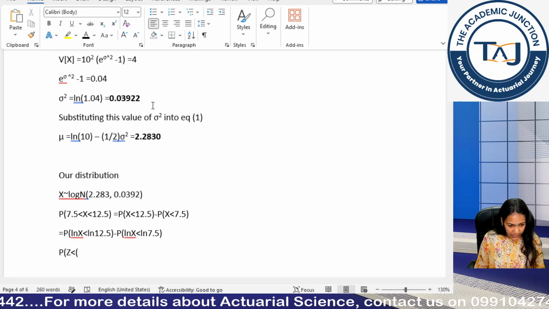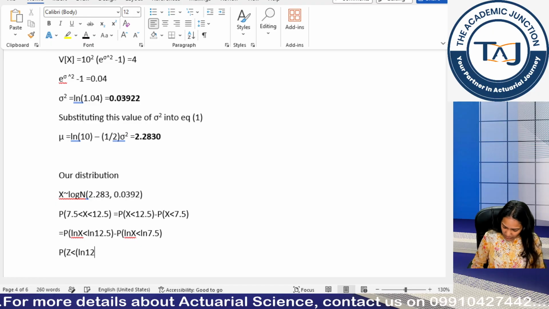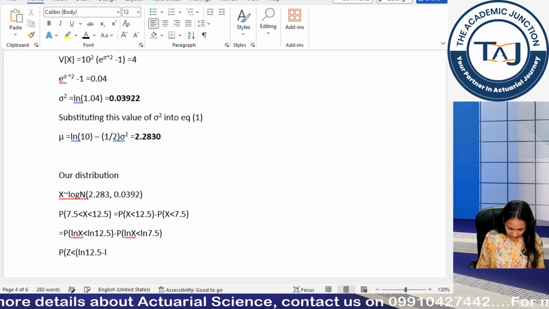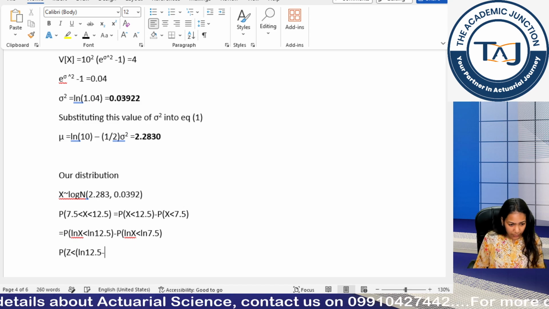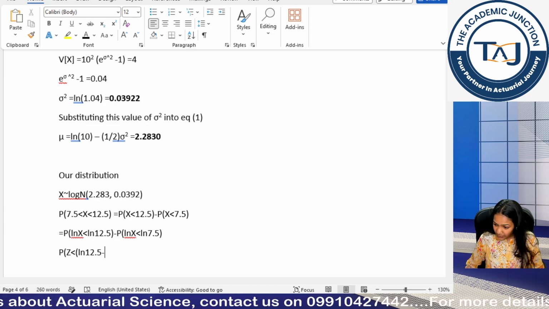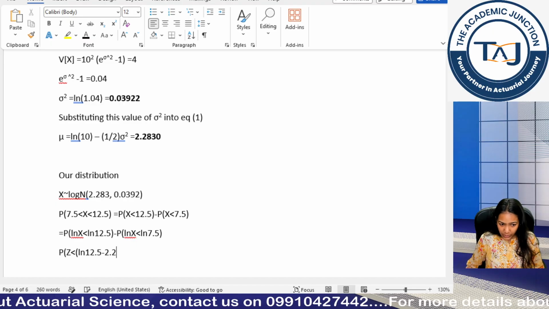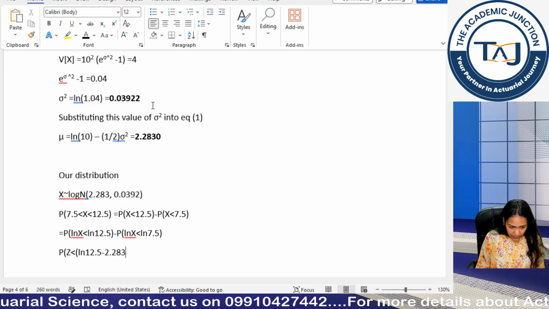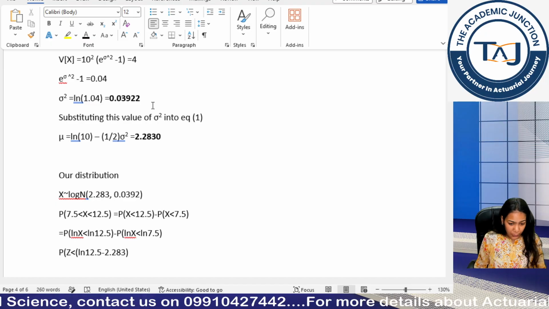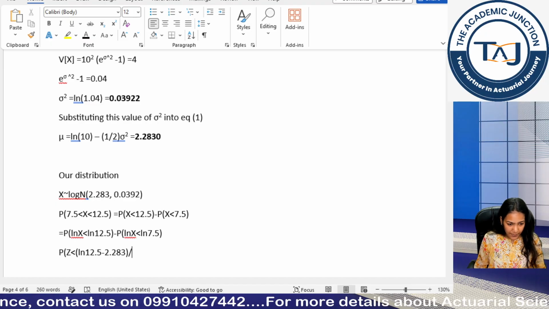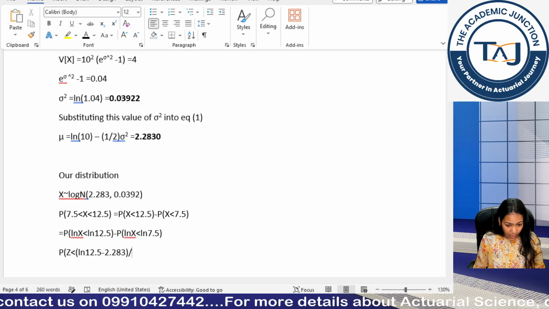So here we have ln 12.5 minus the mu that is 2.283, denominator done, numerator done, then slash, then we get the square term, right.